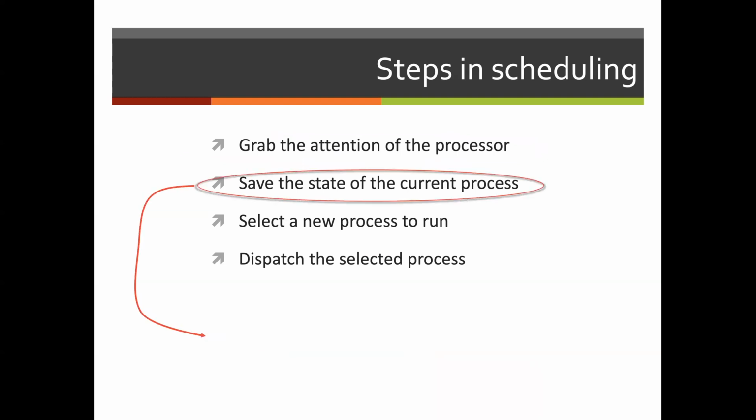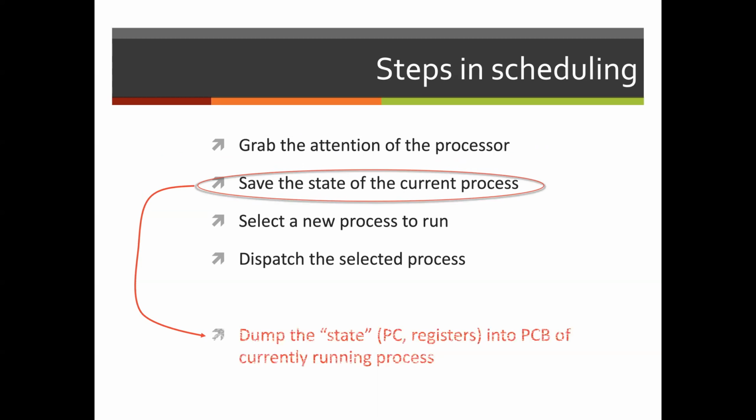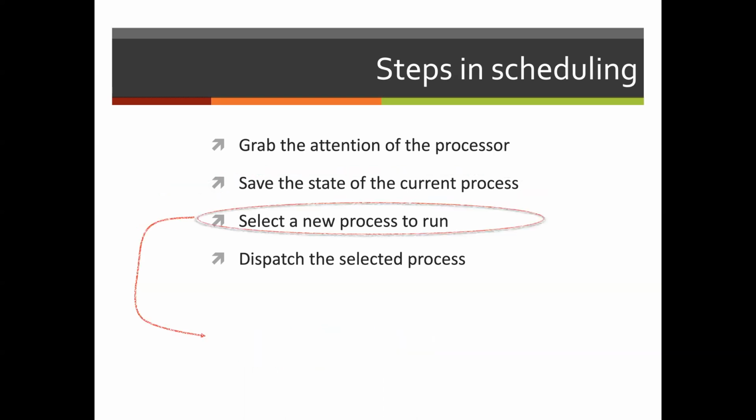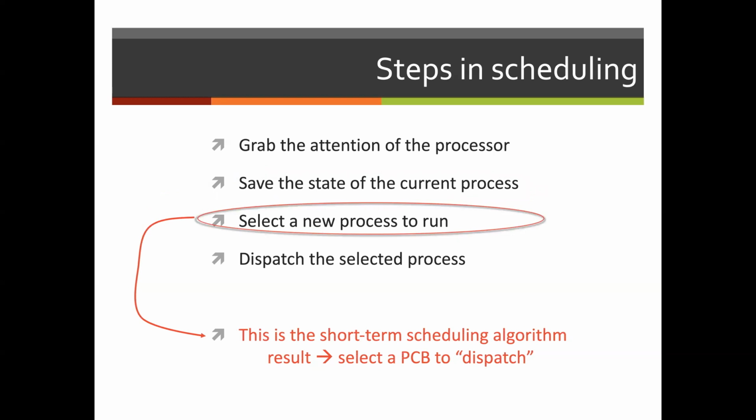And so next you need to save the state of the current processor, and that means that we need to dump the state into the process control block of the process that's currently executing. And so this allows for appropriate information to be obtained. Then we'll need to select a new process to run. And so with the short-term scheduling algorithm, we select a process control block that is going to be dispatched.